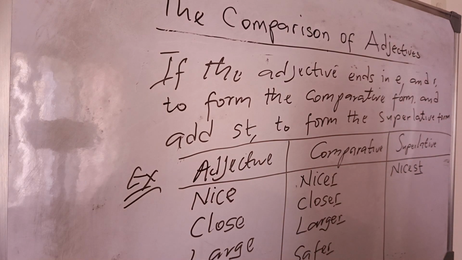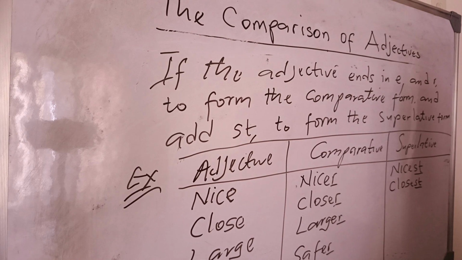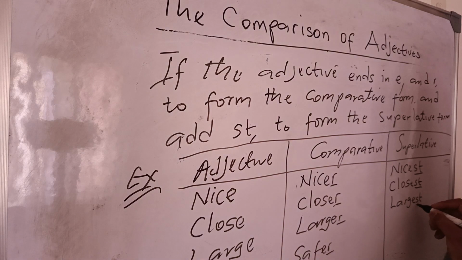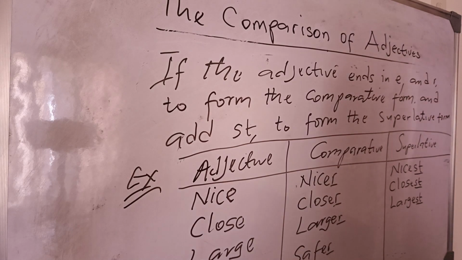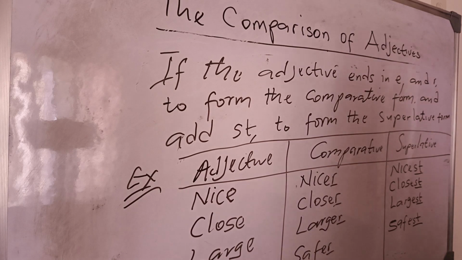Closer will become what? Closest. Larger will become what? That means the st replaces what? The r. Then safer will be what? The safest. So let's take a look at the other one.